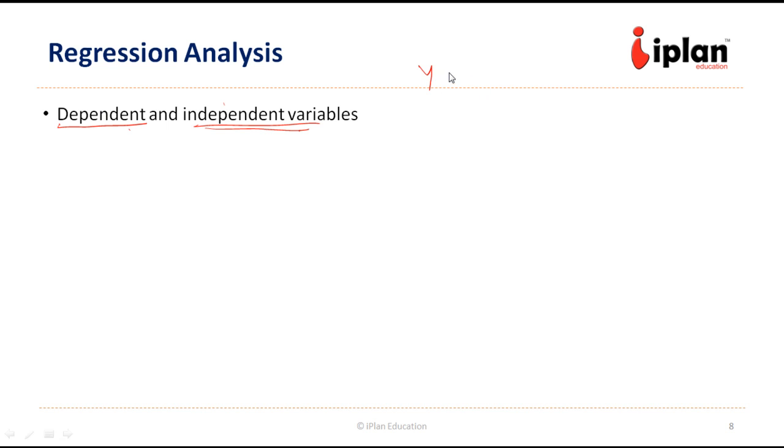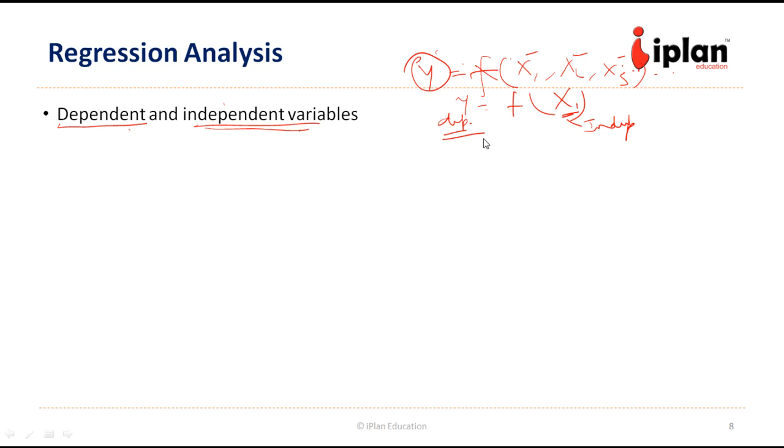So we might have y as a function of x1, x2, x3, and so on, many independent variables. Y is the dependent variable here. It depends on x1, x2 and x3. Since we are talking about a single regressor, we have only one independent variable, and the dependent variable is always one.